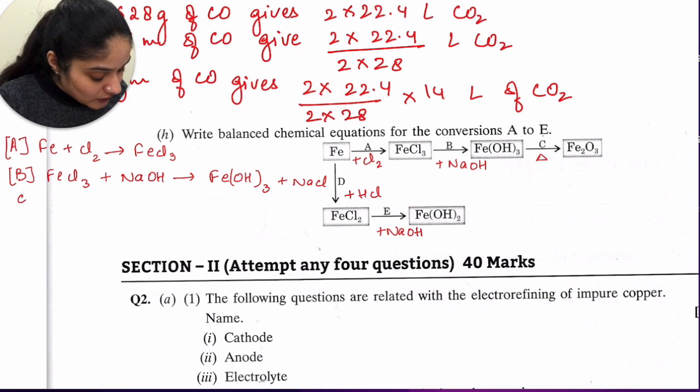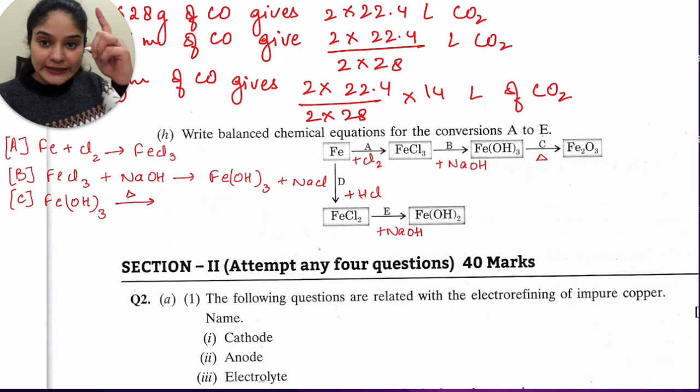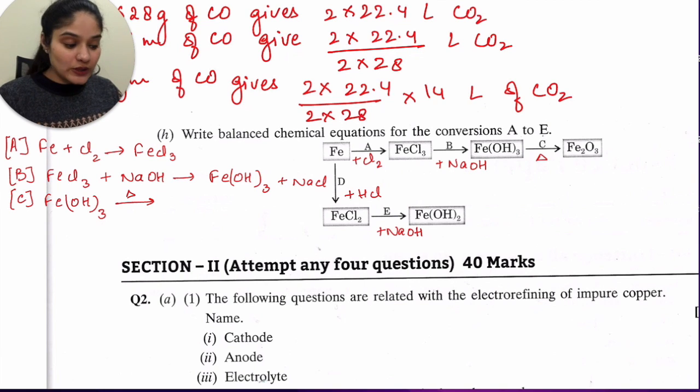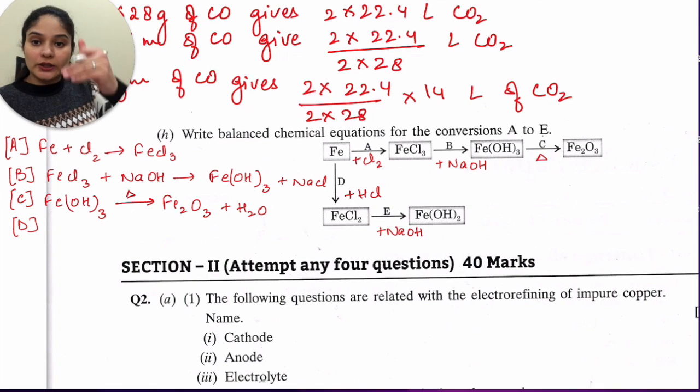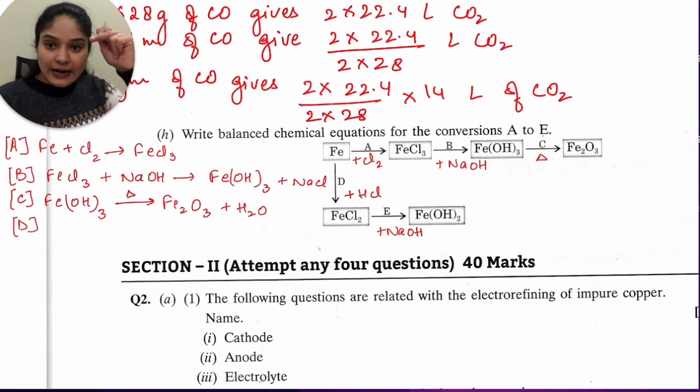Then equation C, now you have Fe(OH) whole thrice. You are decomposing that by providing heat. If you decompose that, we end up getting Fe2O3 plus water. Now moving on to equation D. Now I am coming down in the chart. So iron will react with HCl.